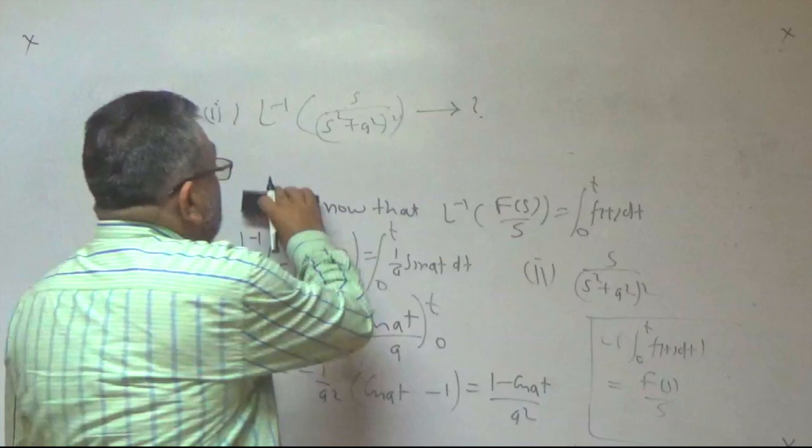In class 9 standard trigonometry, you have studied this: 2 cos a sin b is sin(a plus b) minus sin(a minus b). This is the standard formula. So by using this, we multiply and divide by 2. So this is 0 to t, and 2 cos a sin b means sin(a plus b), a cancels out.